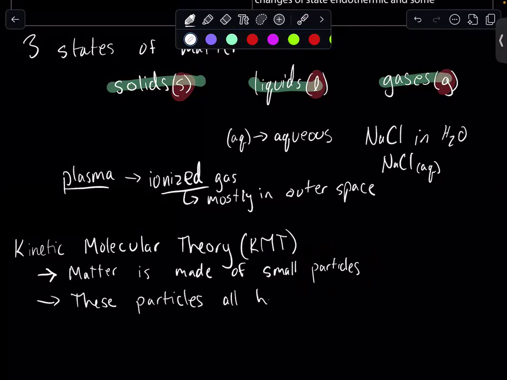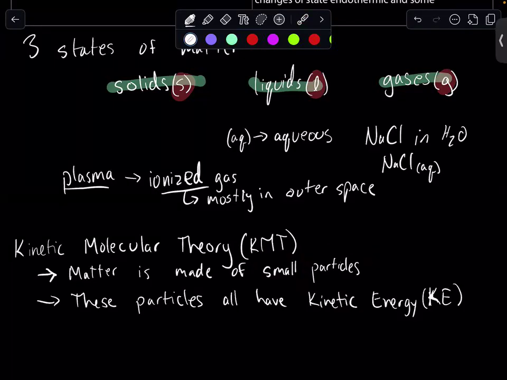In addition, these particles all have kinetic energy, which I'll abbreviate to KE. Now, kinetic energy is the energy of motion. So, kinetic generally refers to motion. And because they all have kinetic energy, this comes with another assumption.